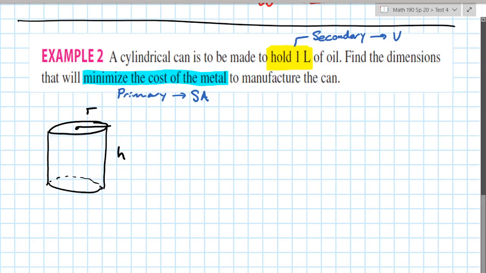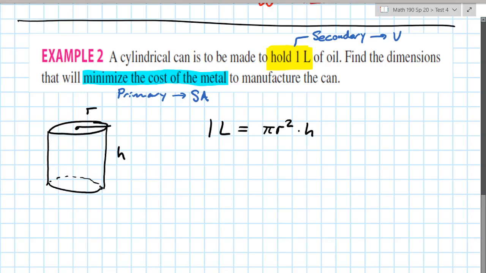So we know 1 liter is equal to, the area of the base of a cylinder is a circle, so pi r squared times h is the volume of our cylinder. No matter what we do with r or h, we need to keep this 1 liter.